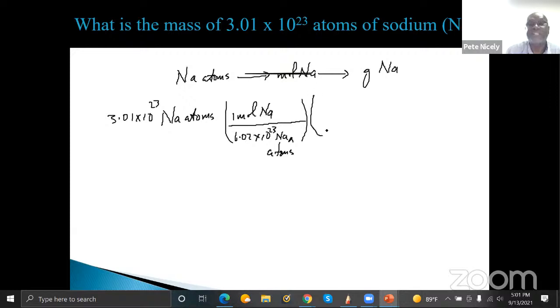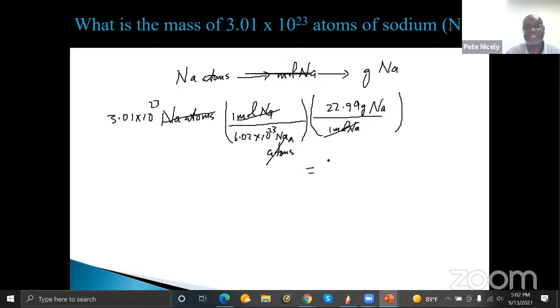And then the next conversion factor, oh, by the way, this is going to cancel out with that. And then the next conversion factor would be 1 mole of sodium down here, and the molar mass of sodium, which is 22.99 grams of sodium. So the mole unit will cancel out here and here.